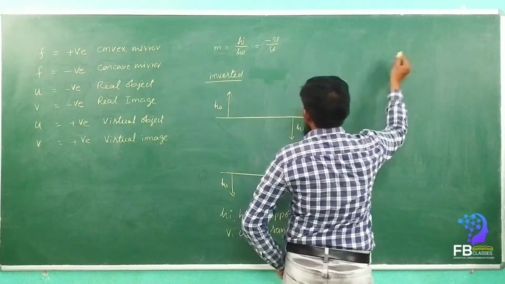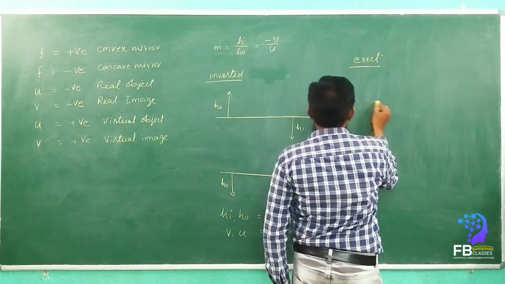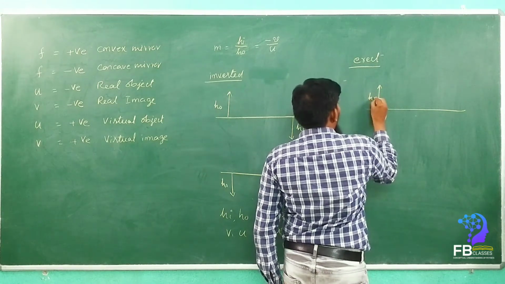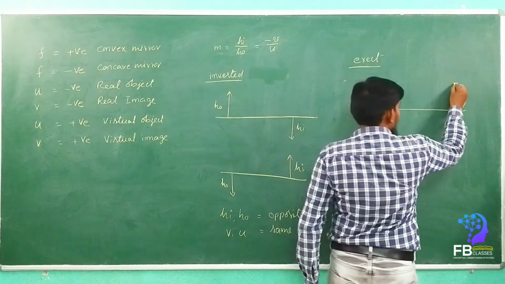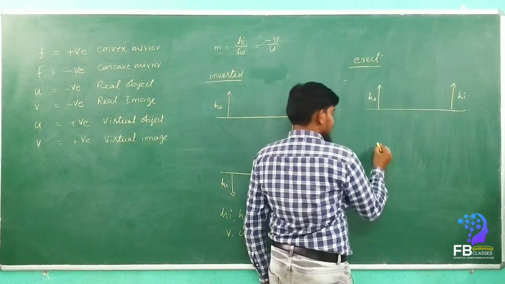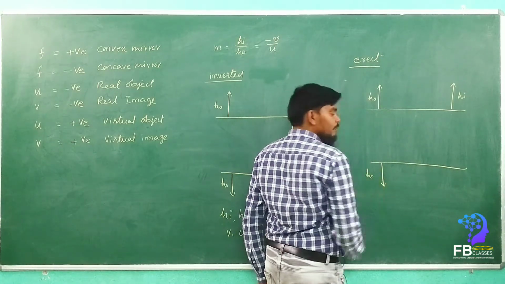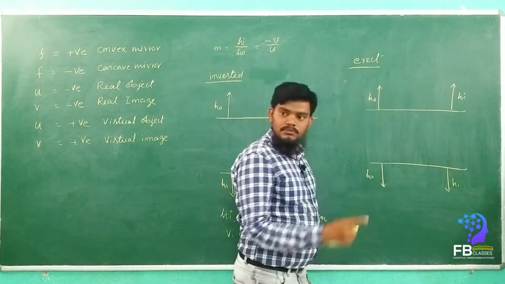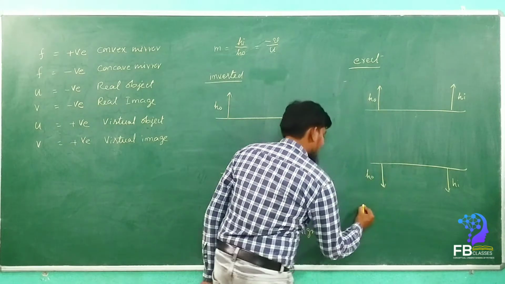Erect means, my dears, if the object is placed above the principal axis, then the image should also form above the principal axis. Yes or no? In the same manner, if the object is placed below the principal axis, then the image also forms below the principal axis only. Then what is hi and ho?